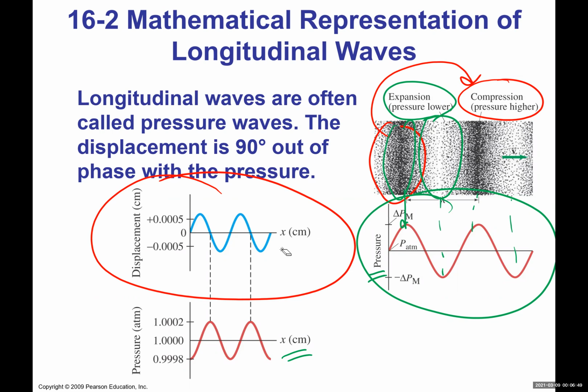You can also look at displacement, as I mentioned. And you will see that they are about 90 degrees out of phase. The crests and troughs are not on top of one another. That means you don't have a crest on the displacement versus position graph at the same place as on the pressure versus position graph. They are exactly pi over 2, or 90 degrees, out of phase.